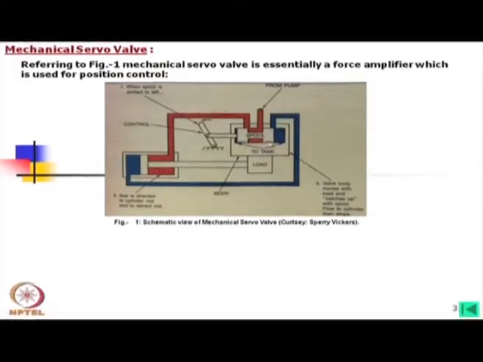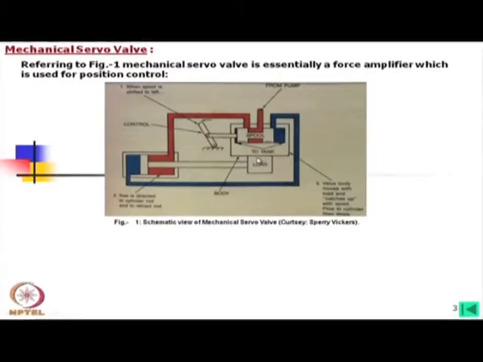So, this is basically what we should call a mechanical servo valve, a hydromechanical servo valve, and this principle is used in many places, including copying machines, copying of, say, a lathe. In the copying process, some hydromechanical servo valve is used.